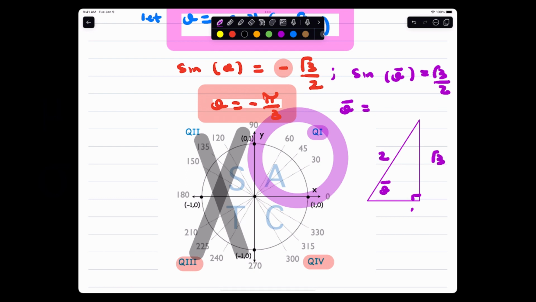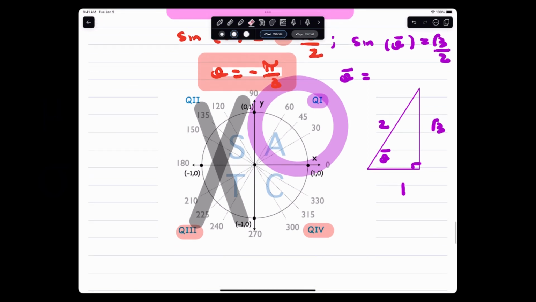Opposite over hypotenuse. Yes, it's a special triangle where this is going to measure 60 degrees. And that's why we say pi over 3.